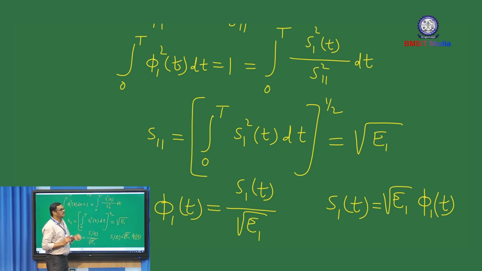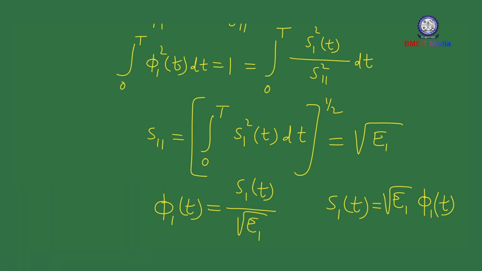So in step 1, what we find is the energy of the signal s1 of t. With that, we are able to find the coefficient s11. So s11 is equal to root of E1. With that, I will be able to express s1 of t in terms of the orthonormal basis function.